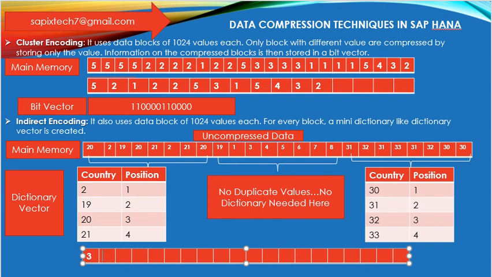Now the second value is 2, and 2 is at the first position in the dictionary vector, then 19 at the second position, then we have 20, which is at the third position in the dictionary vector, and 21 again at the fourth position, and 2 at the first position, and 21 again at the fourth position, and 20 at the third position.